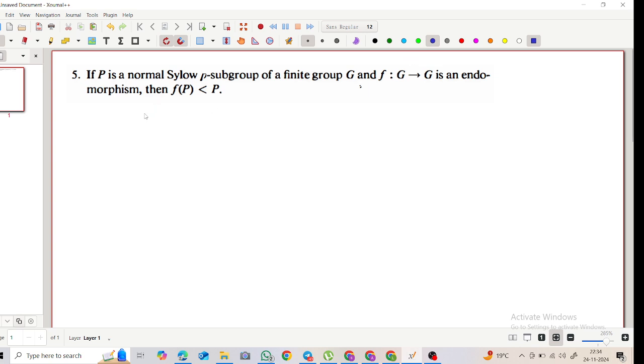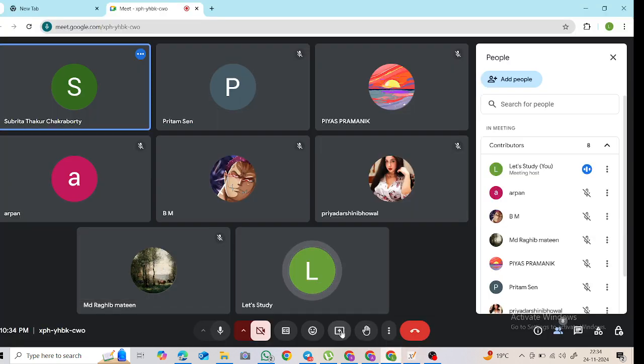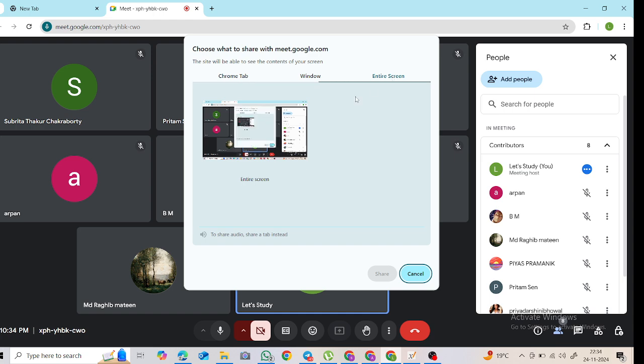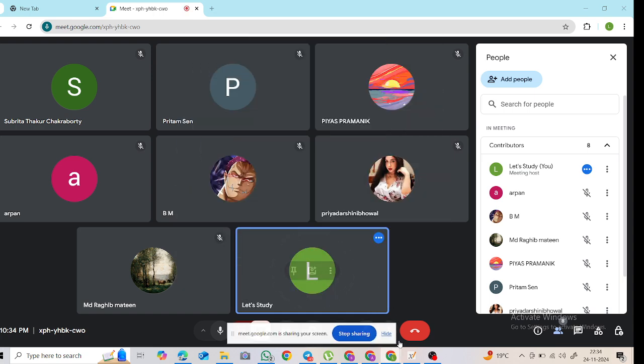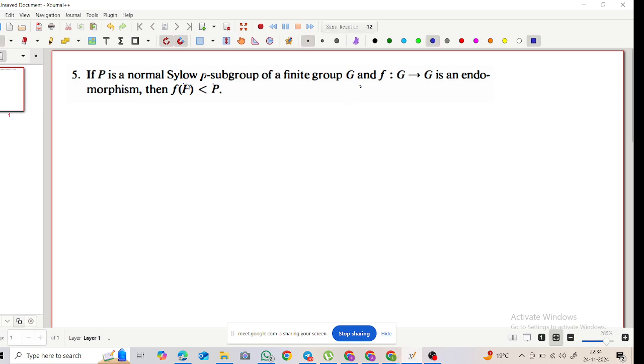Yeah. So P is a normal Sylow P subgroup of a finite group G. And if f from G to G is an endomorphism.